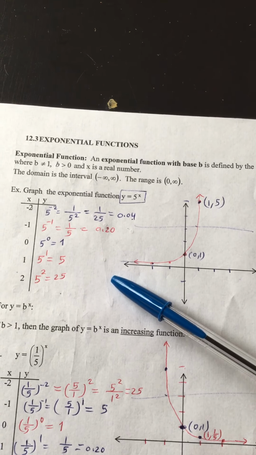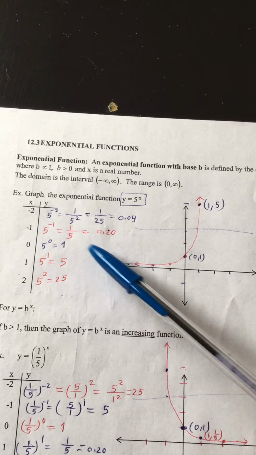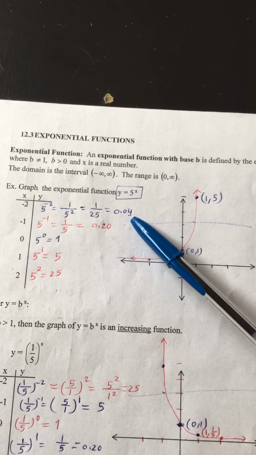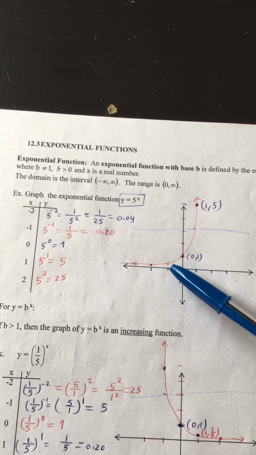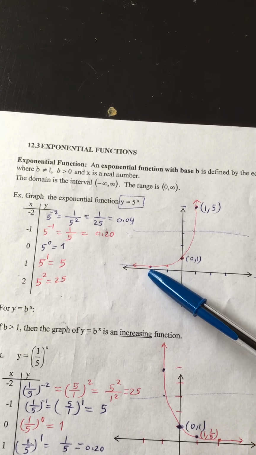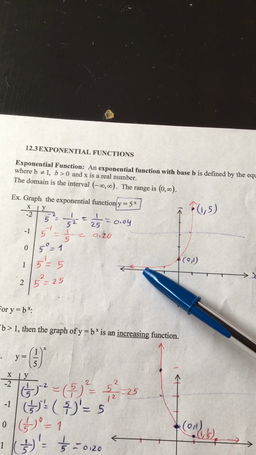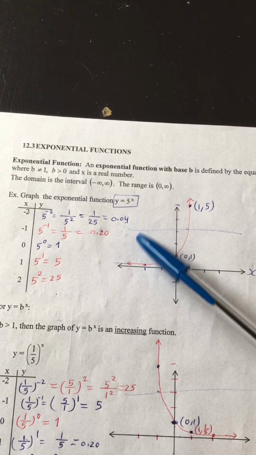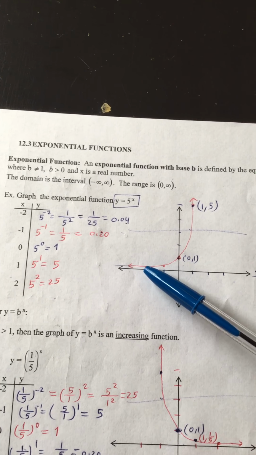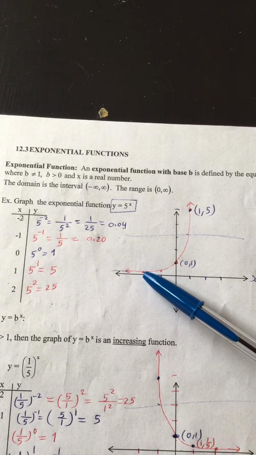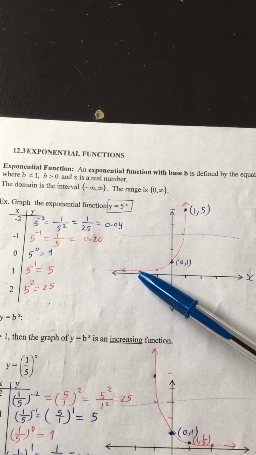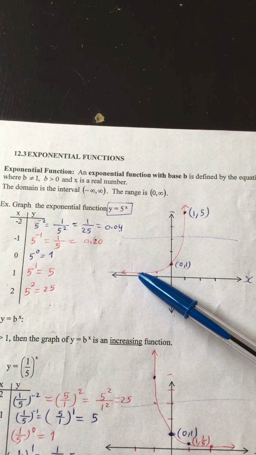Now to graph these ordered pairs, here we have negative 2, 0.04. We start from the origin, move 2 units to the left, then 0.04. So this one is close to 0. So this point is negative 2, 0.04.